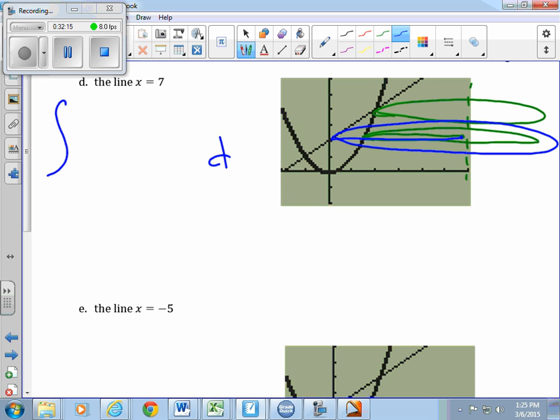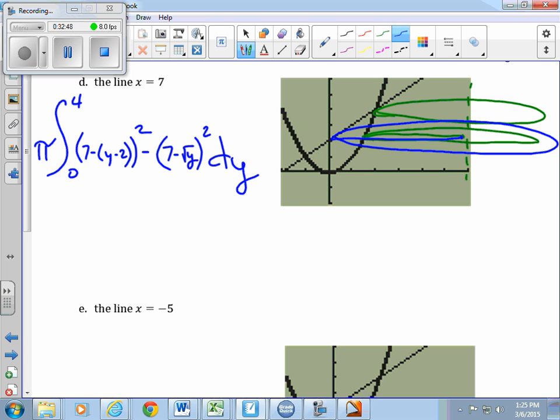I am doing dy this time. 0 to 4 this time. Is everyone okay with that? Why it's 0 to 4? This line is 7. So you would do 7 minus y minus 2, and 7 minus the square root of y.